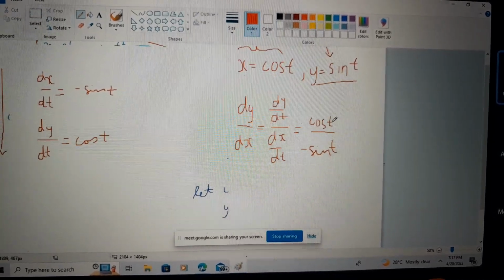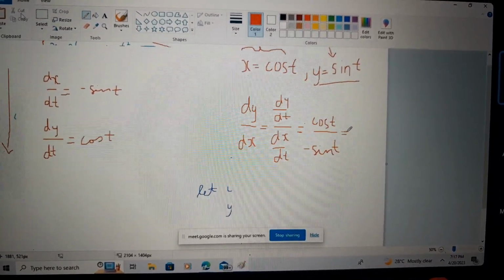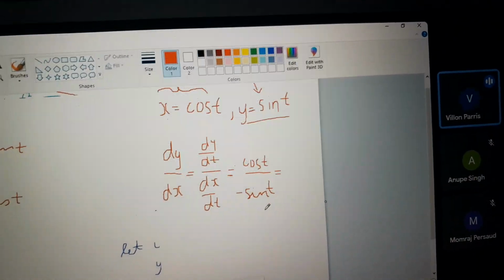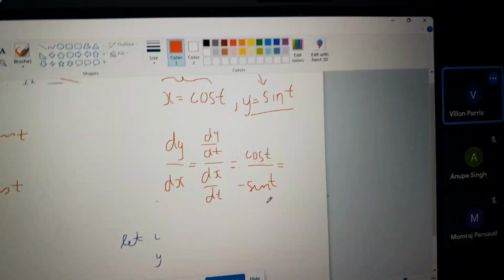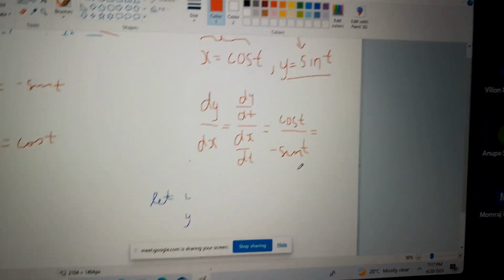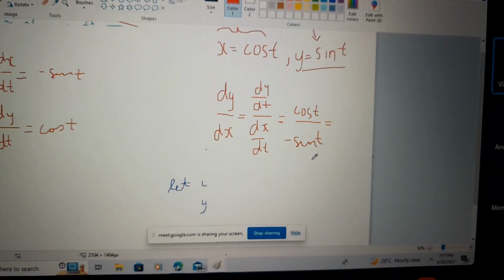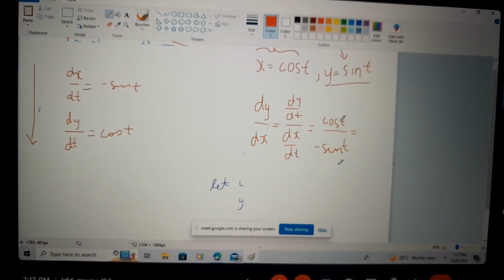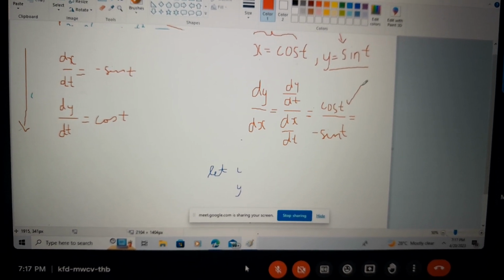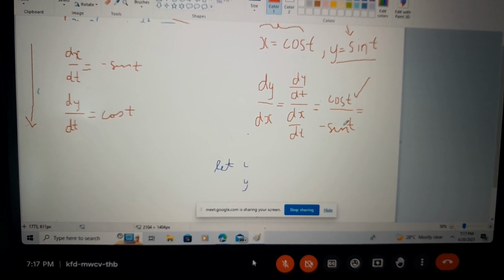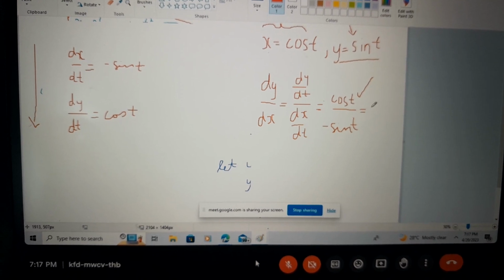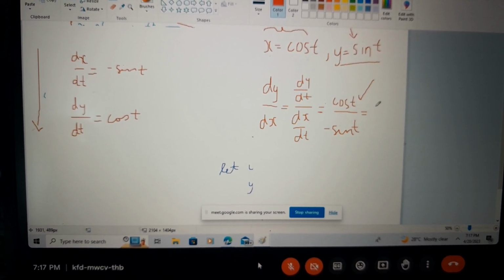Great. Now, can anyone tell me what cos over sine is equal to? We know sine over cos is tangent. What is cos over sine equal to? Cotangent. Yes, that's what it's equal to. If you make it to here, excellent. But you have to remember some of the trigonometric rules: if you have cos over sine, that's the same as cotangent.